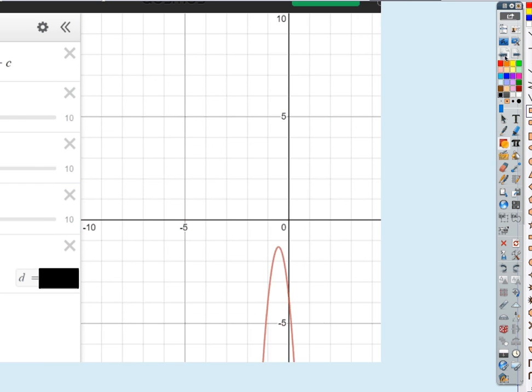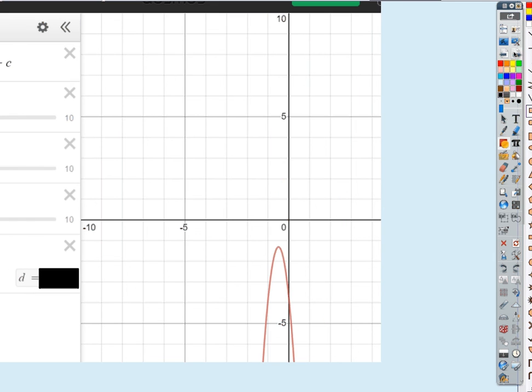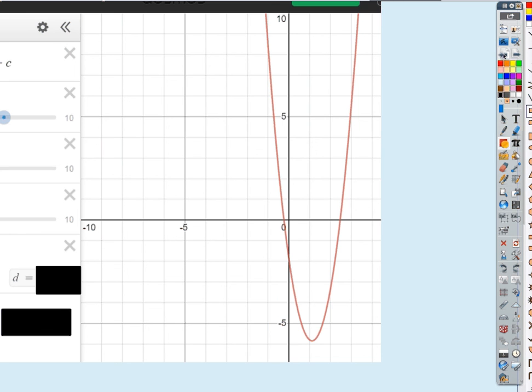There's A. I want to know what's the sign of the discriminant. There's B. Hang on. So, there's A. Sorry. There's A. Sign of the discriminant.